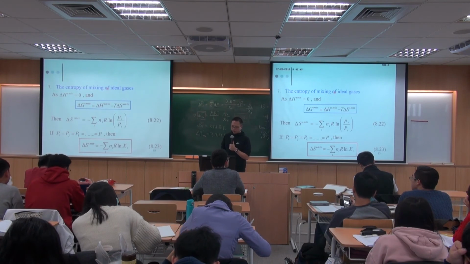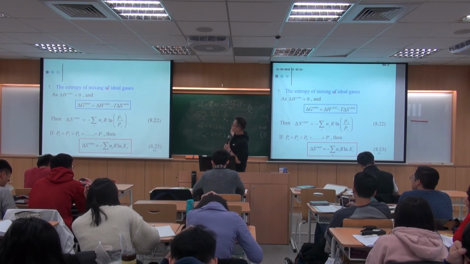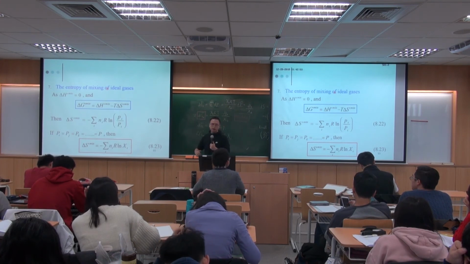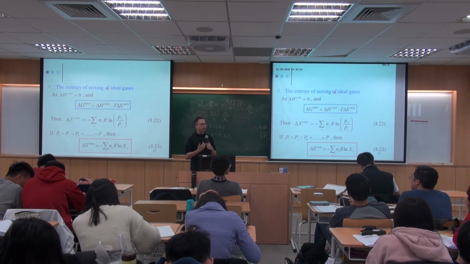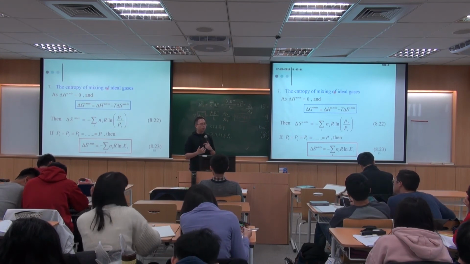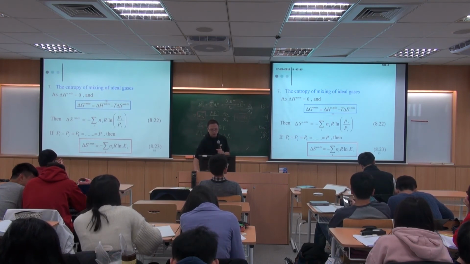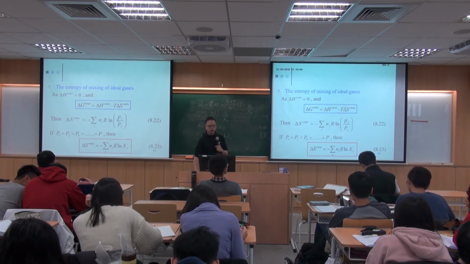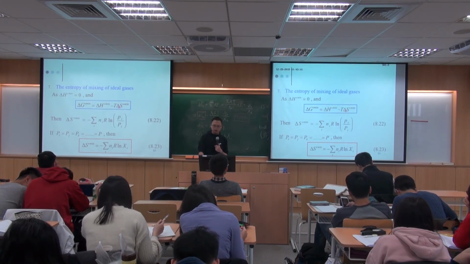So the final part of this chapter is about what I just wrote down earlier. I just erased that. We know that delta H mix is 0 because there's no interaction among particles, so there's no heat involved. But of course, we know that the Gibbs free energy has been decreased because it's negative. So that term is solely coming from minus T delta S, from the mixing entropy. We know that the entropy change for this mixing process is positive, right?